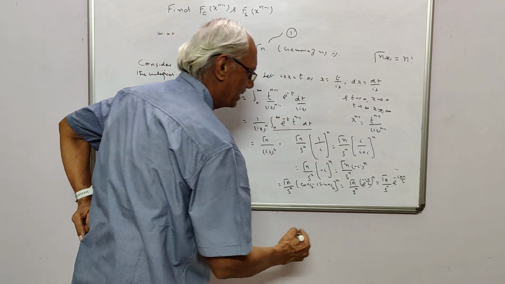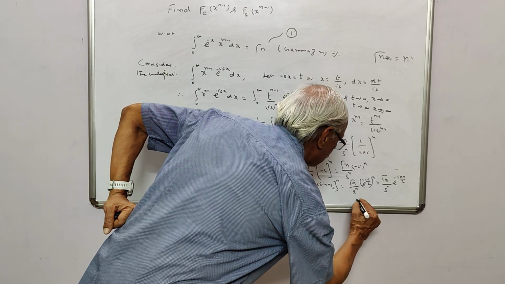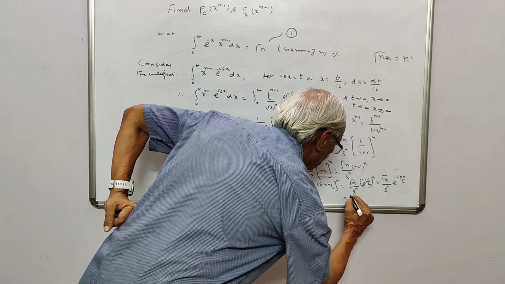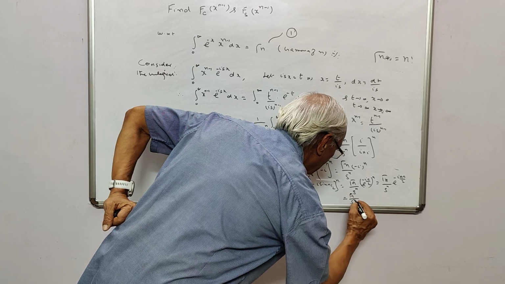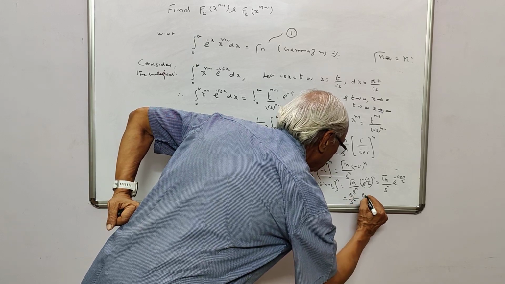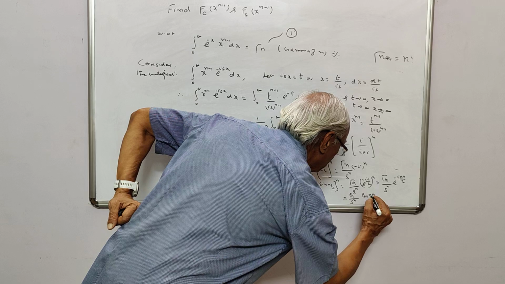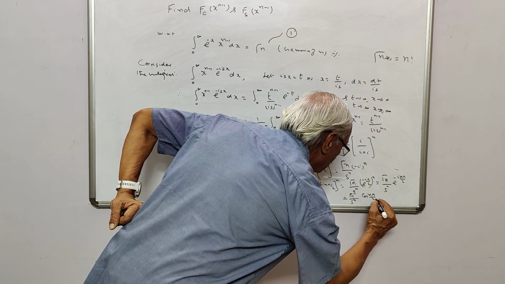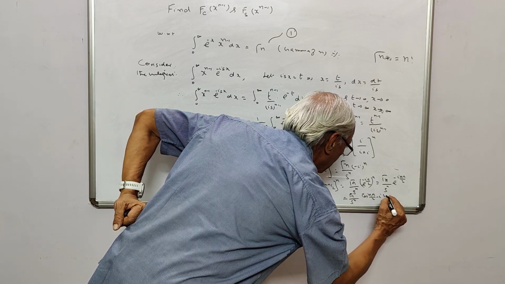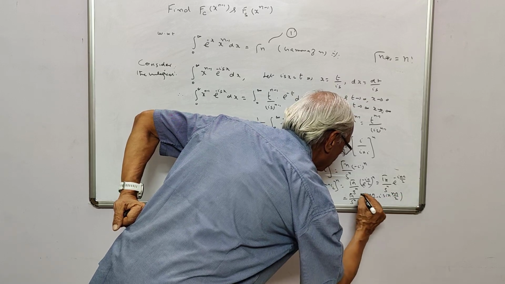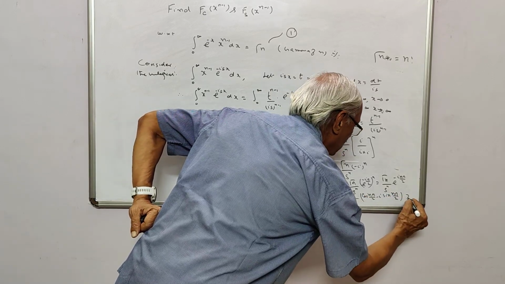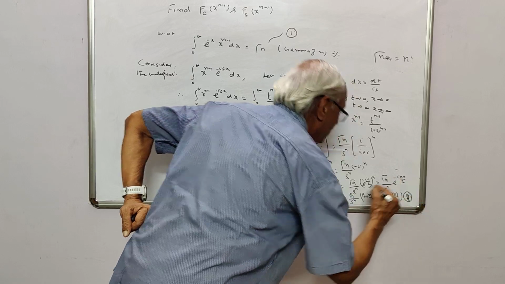So I can write one more step: this is equal to gamma of n divided by s to the power of n into cos n pi by 2 minus i sine n pi by 2. So you call this as your 2.